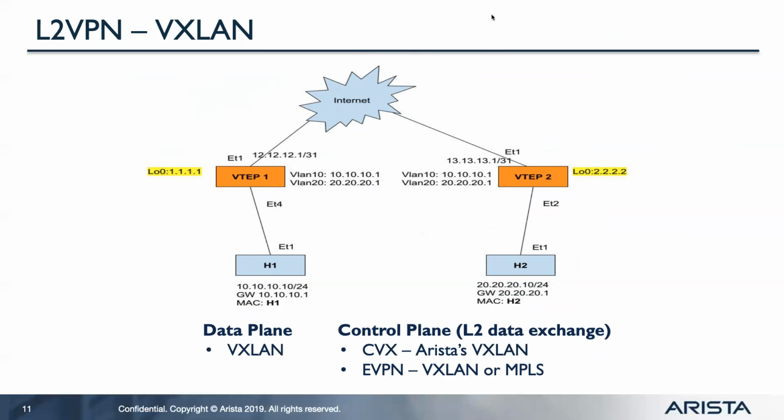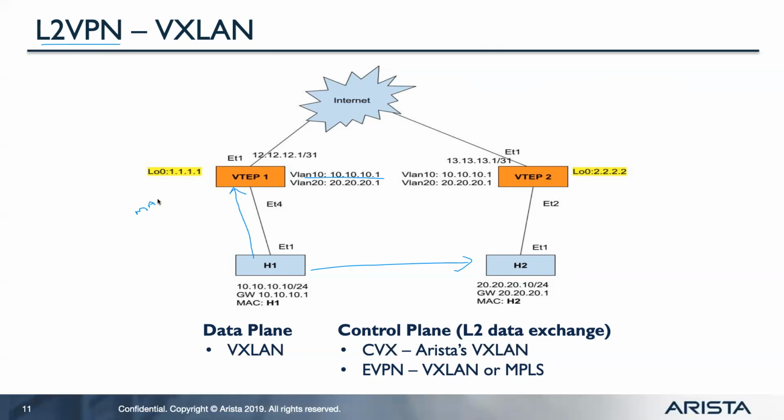Now, as we discussed here, this is our L2 VPN over VXLAN. What we want to achieve is that H1 wants to communicate to H2. H1 will send the packet to the gateway, 10.10.10.1.